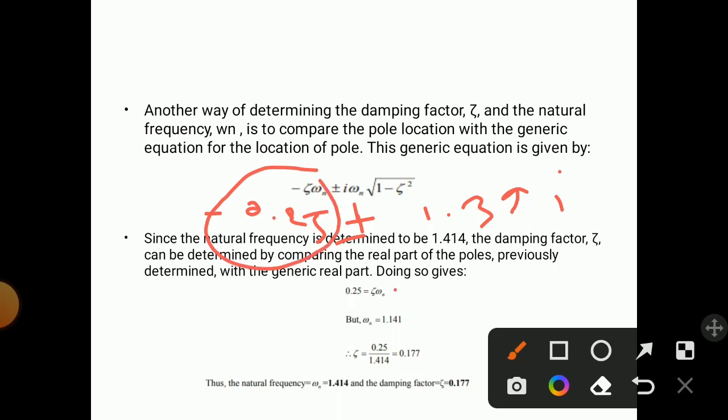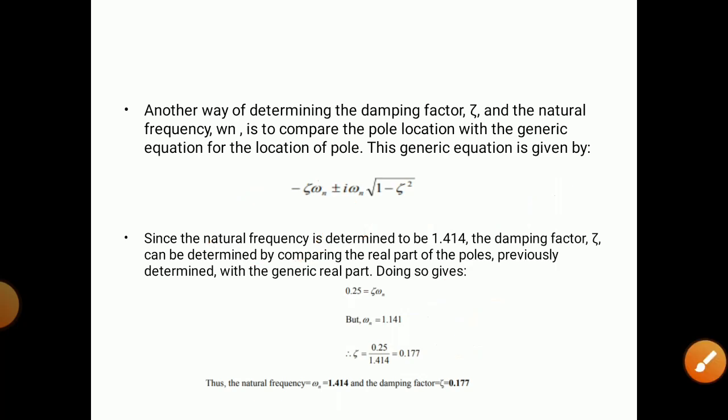We get 0.25 is equal to zeta into omega n. Therefore omega n is equal to 1.144, and zeta is equal to 0.177. So the damping factor here is 0.177 and the frequency is 1.414. This is our answer by comparing to the generic equation.